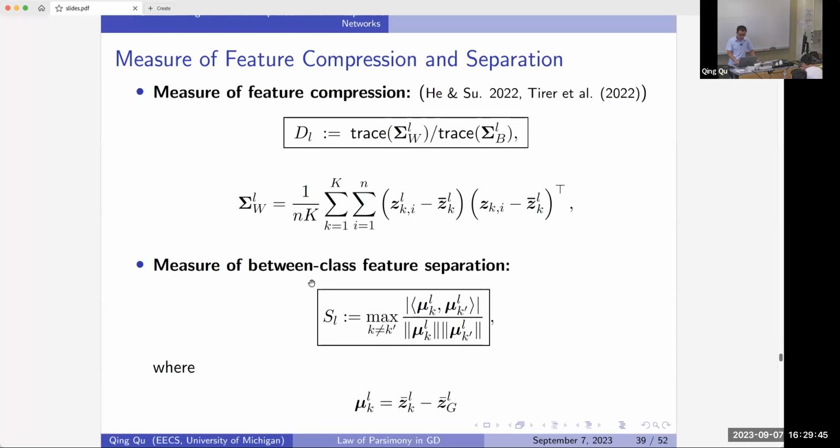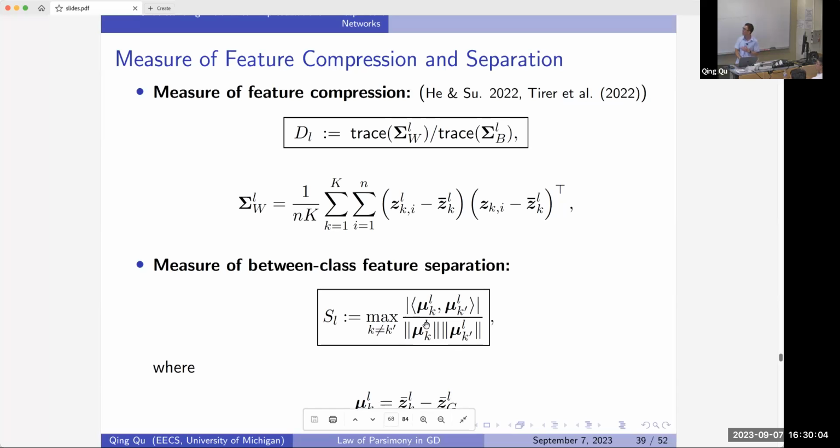And we measure the between-class separation based on the feature means. Here, u_l measures the feature mean of each individual class relative to the global mean, so the distance from each class to the global mean.